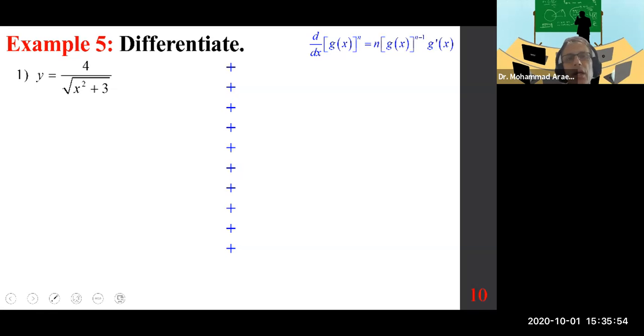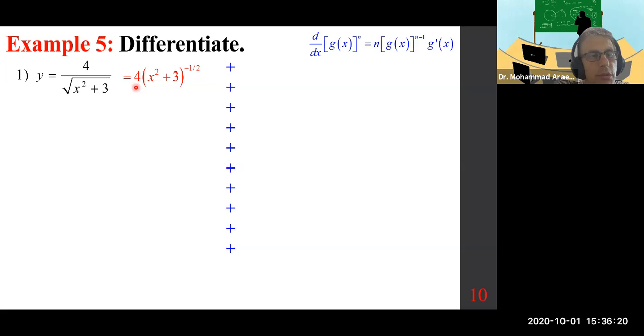Again, because the numerator is a number, I wouldn't use the quotient rule. It's easier to rewrite it. Here's the algebraic technique we are going to use. And so what happens? It becomes an easy case of an extended power rule. 4, it's going to be there, so we're going to keep it.